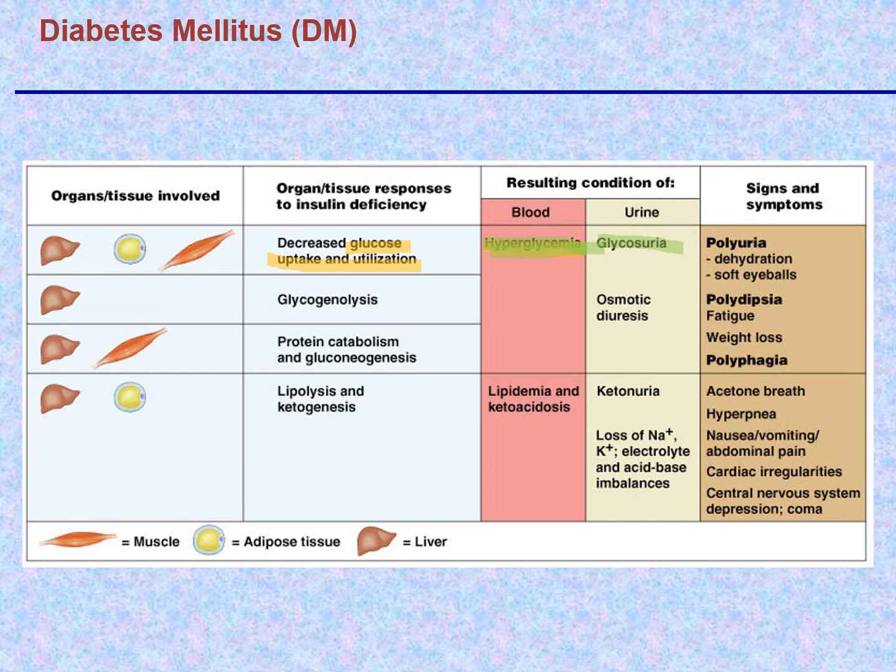The other thing you have is an increase in the liver. You have an increase in breakdown of glycogen. The body requires glucose, so you have glycogen being broken down, glycogenolysis, and you also have protein breaking down because it's getting used in gluconeogenesis, the formation of glucose from a non-carbohydrate source, in this case protein.